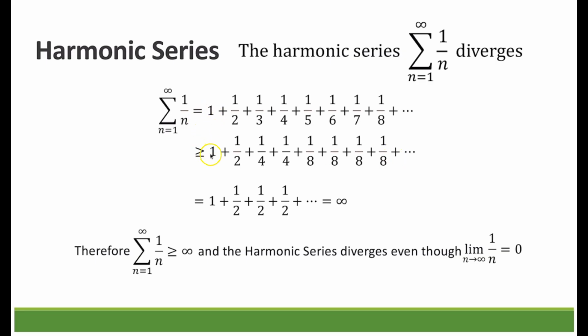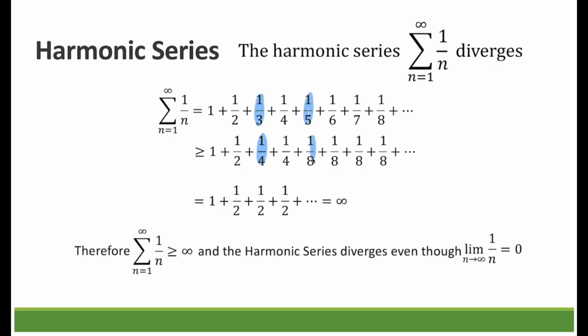Well, 1 is equal to 1. 1/2 is equal to 1/2. 1/3 is greater than 1/4. I'd rather have a third of a pizza than a fourth of a pizza, right? 1/4 is equal to 1/4. 1/5 is greater than 1/8. Again, we're trying to show this top row is greater than or equal to the second row.